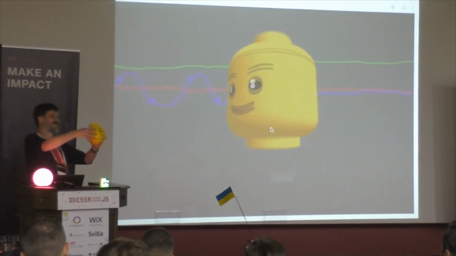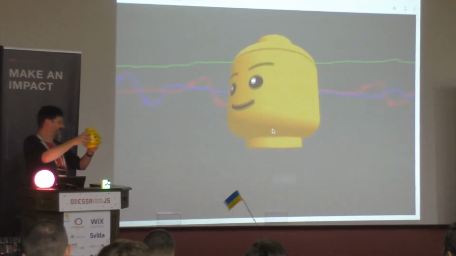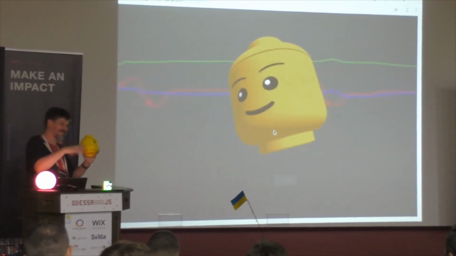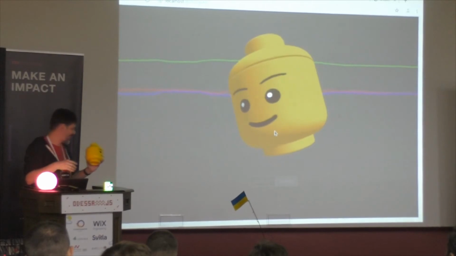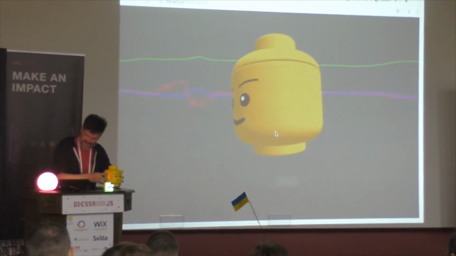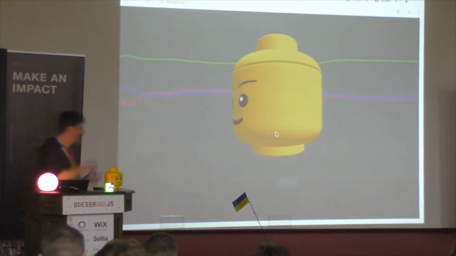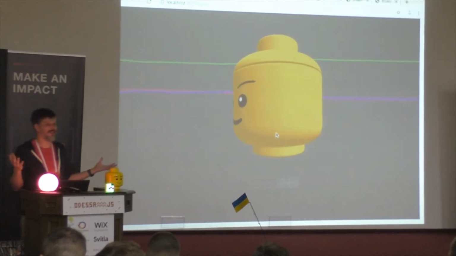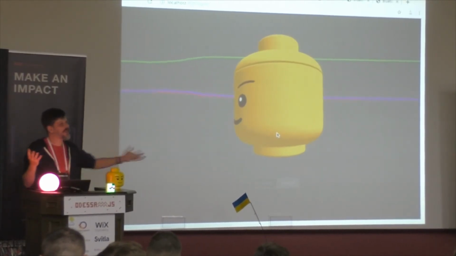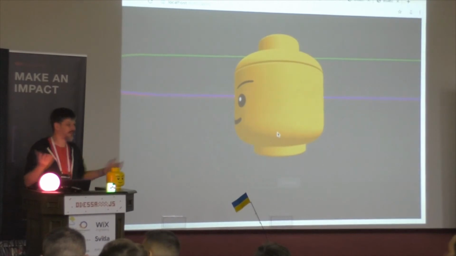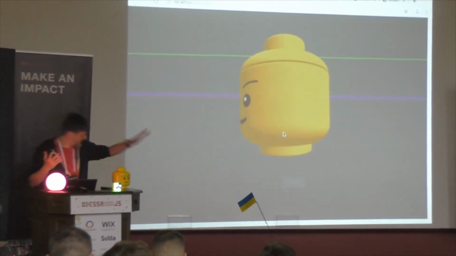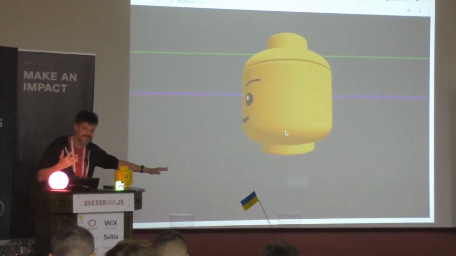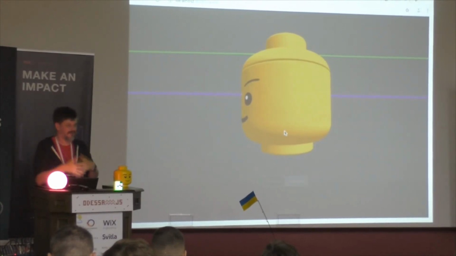You have to lean backwards to go forwards. I'm getting really close to the edge of the stage. I'm going to stop. So you can connect to two devices at the same time and exchange messages between them. The Lego head can't talk to the device on its own, but the computer, the browser, can relay messages.